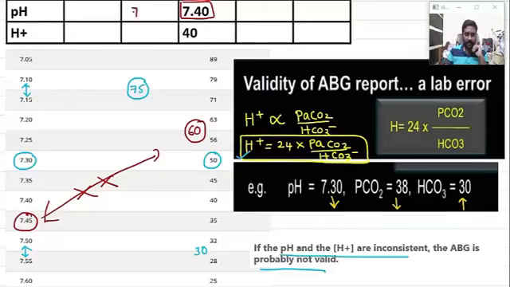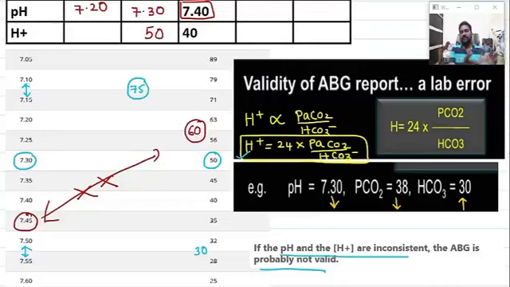Now, what will happen if the pH decreases to 7.30, 7.20? As the pH decreases, generally the H plus ion should increase in the body. Now pH is decreasing from 7.40 to 7.30, so from 40 plus 10, it can increase to 50.